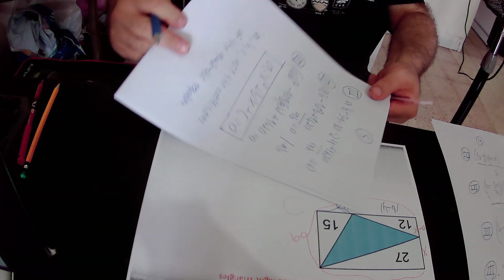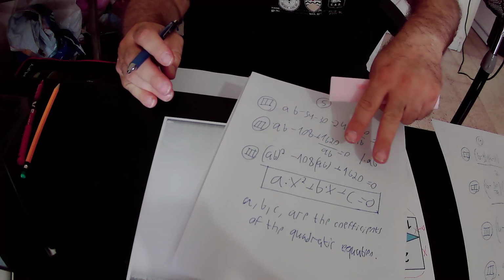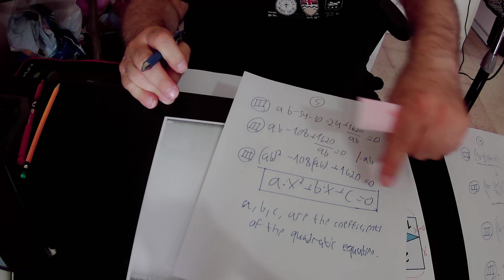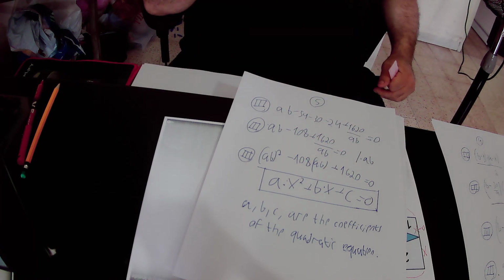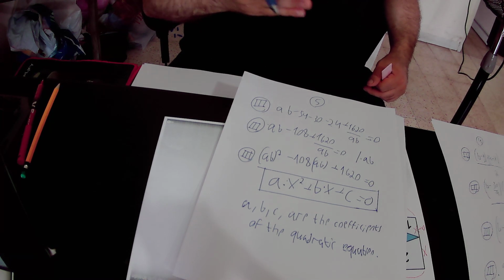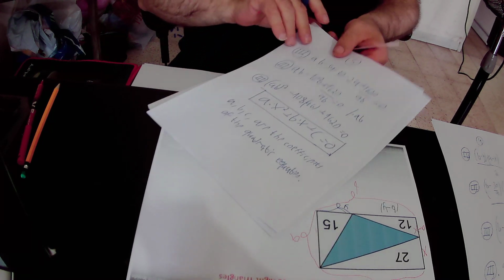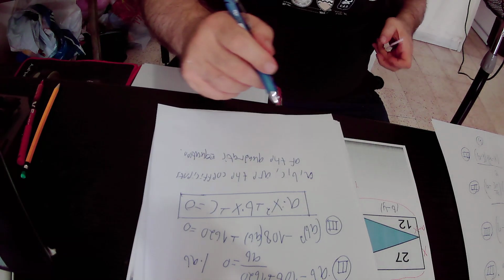Okay, A, B, C are the coefficients of this quadratic equation, and x is the variable that we want to find when we solve any quadratic equation. Okay, I will write it down.